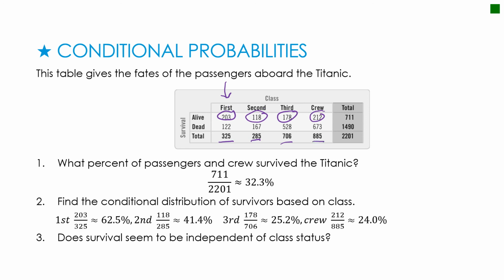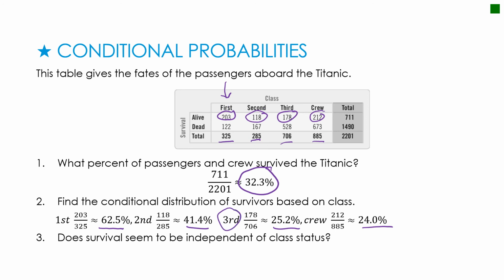If we do that, we're just finding percentages, and we can see that those percentages differ. So what does that tell me? That tells me that overall 32.3% survived, but 62.5% of first class survived, 41.4% of second class, 25.2% of third class, and 24% of crew.